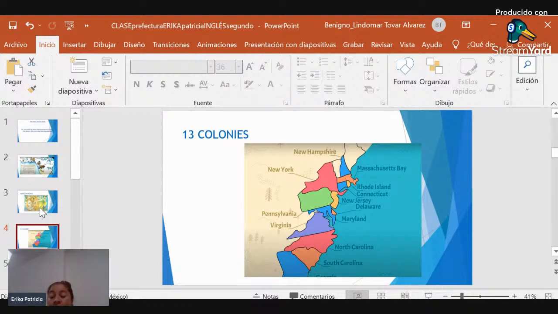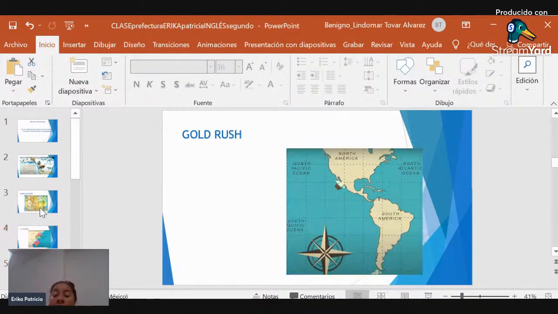And among these people, we had a man that discovered gold in California. When he discovered gold in California, people were crazy. They all wanted to be rich, and they decided to take a big adventure in order to find gold and become millionaires.